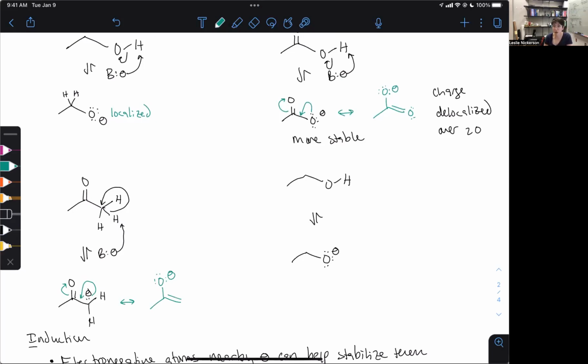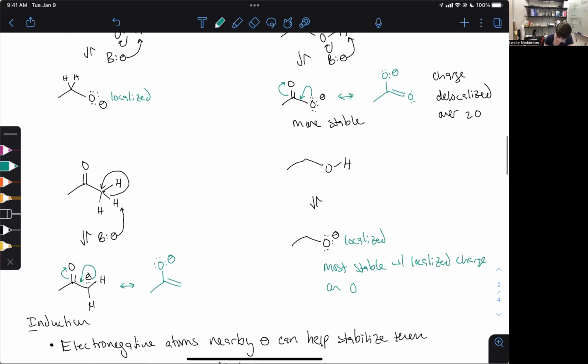And it's a pretty good resonance structure because I've got a negative charge on the oxygen. This one is localized, but because carbon is not as electronegative as oxygen and has a harder time stabilizing that negative charge, this is actually the most acidic, with the localized charge on the oxygen, because of the atom reason, because it's electronegative.